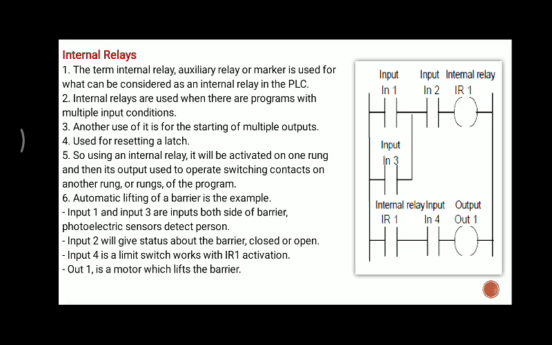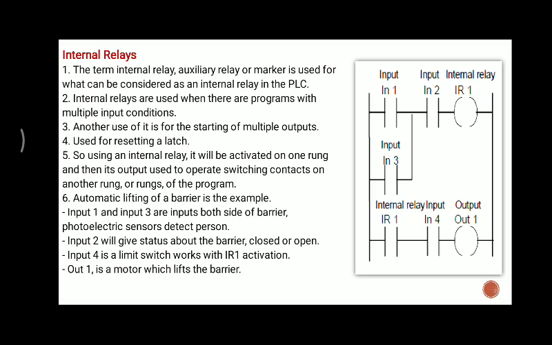Suppose the barrier is closed, so this input 4 is activated, input 1 is already activated from here. So input 1 and input 4 are activated, and it will give the signal to output 1. Output 1 stands for the motor, which will lift the barrier, because there is a person who needs to cross the barrier.